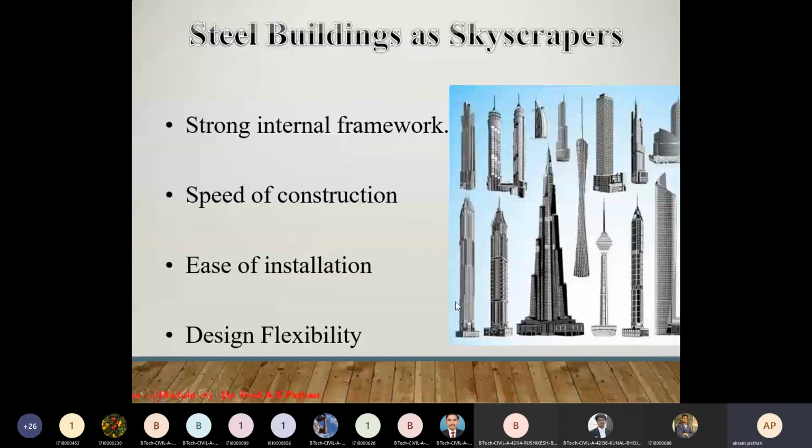You can mold any shapes with the help of steel. Look at these skyscrapers. A huge height of building we can construct as residential, and even commercial buildings are nowadays constructed with the help of steel. So these are the areas where we can utilize such technology.